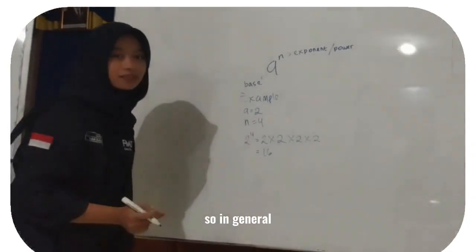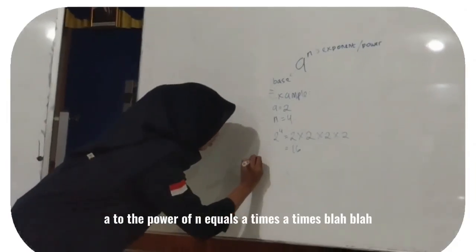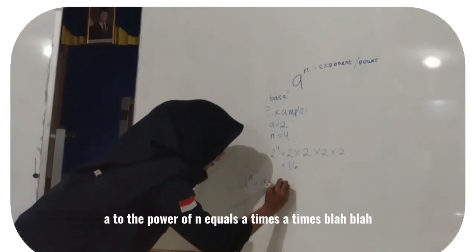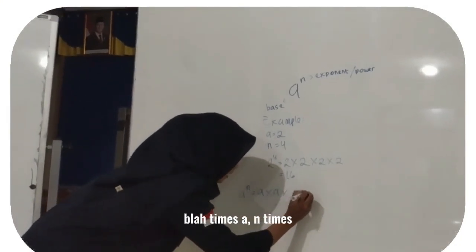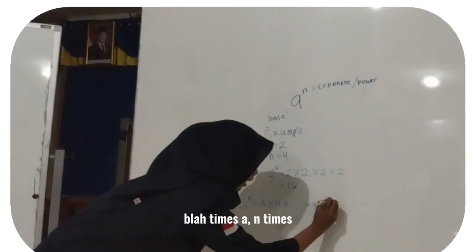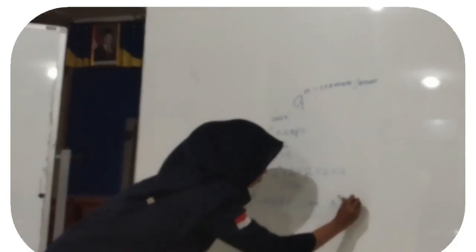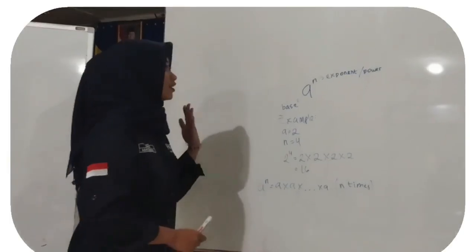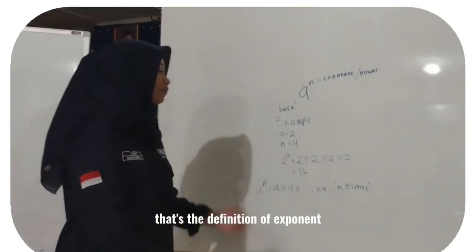So in general, a to the power of n equals a times a times and so on times a, n times. That's the definition of exponent.